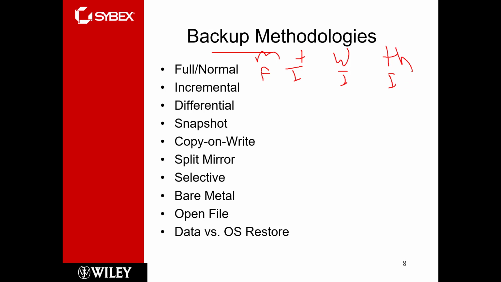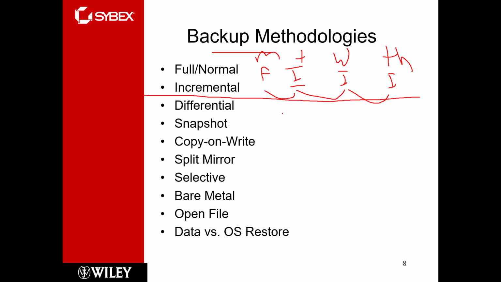Well, we'd have to recover Monday, Tuesday, Wednesday, and beginning of Thursday. This is only going to cover the last thing since the last backup. So this will have to be loaded, then this will have to be loaded, then this will have to be loaded, because the incremental clears the backup flag.